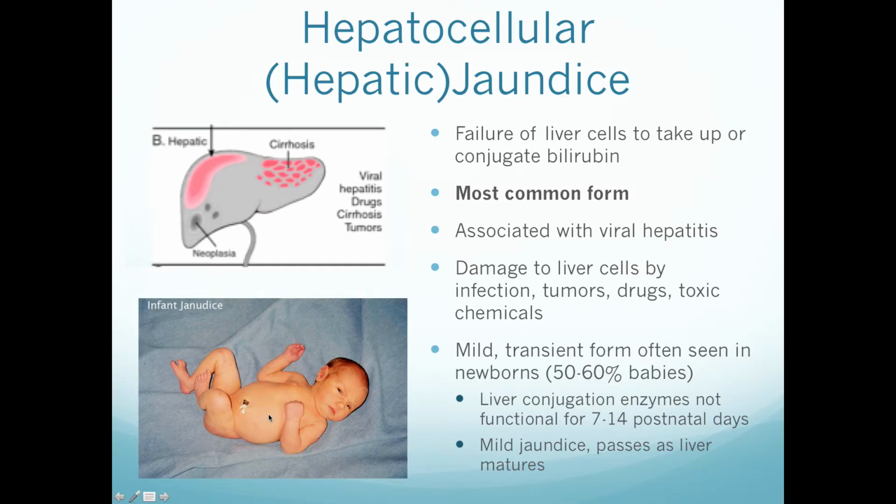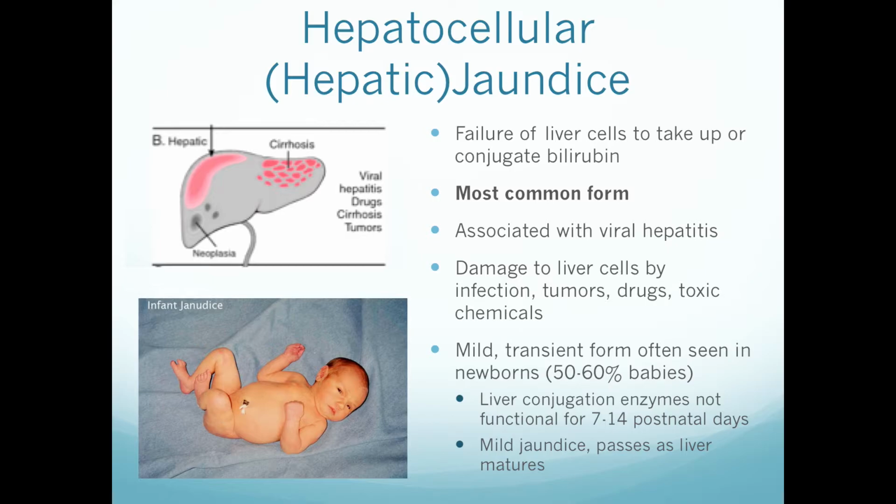Another important thing to remember is that these conjugation enzymes, so if you watched the introductory part, I said that some conjugation enzymes develop at different stages. The conjugation enzymes necessary to conjugate bilirubin don't fully mature until about 7 to 14 days postnatal. And also remember that about 37 weeks is considered term.